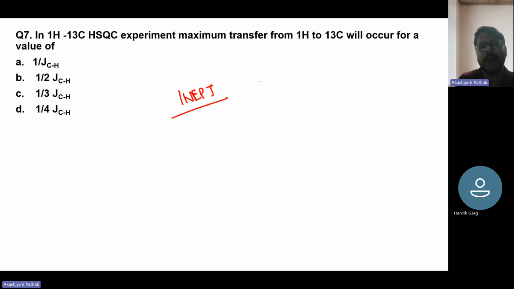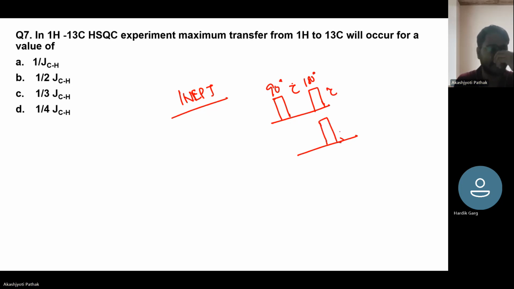In an INEPT sequence you have a 90-degree pulse, a tau period, then a 180-degree pulse, and again a tau period. This tau is equal to 1 by 4J, right?